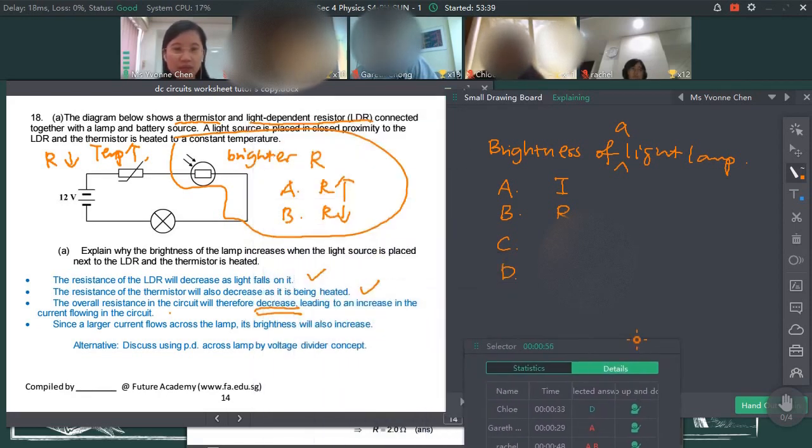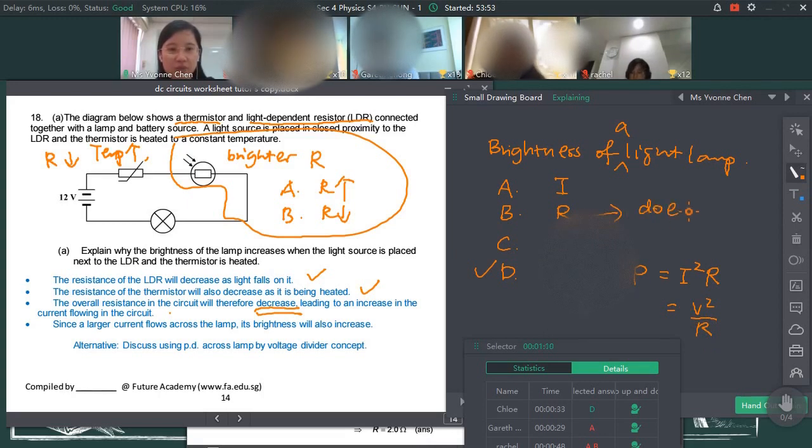We actually look at it as the power. Power equals current squared times R, I squared R, or V squared over R, right? The R normally doesn't change, it will remain constant. The resistance of a light bulb is like an inherent property of it.